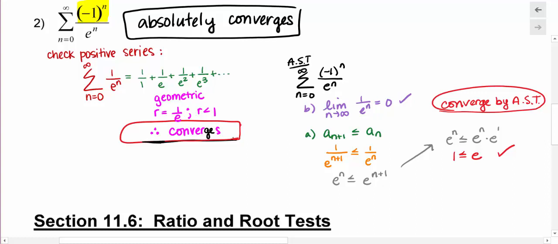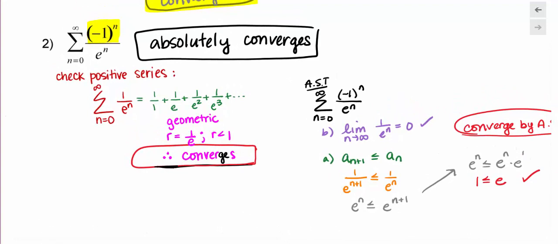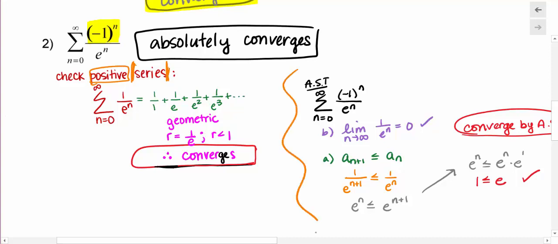A lot of people also put in their mind that absolute convergence has to do with the absolute value. And so this positive series, right, is really the absolute value of your series. And so that might help you as well. Again, none of that to the right was necessary. If you say the series absolutely converges, both, again, the positive and the alternating series will converge.